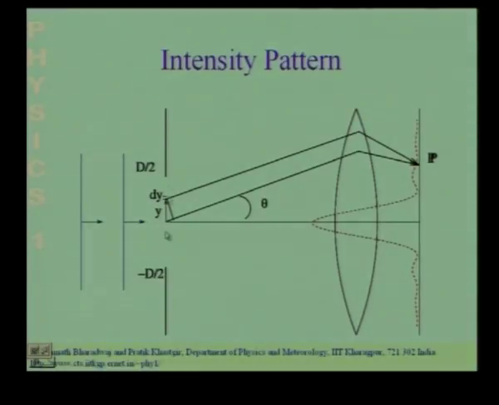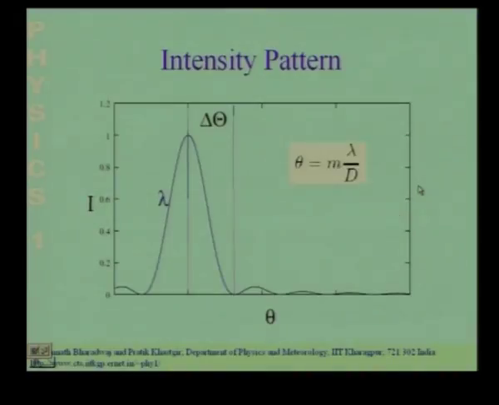In the situation when we had a rectangular slit, we calculated the angular distance from the center of the bright spot to the point where it becomes dark.